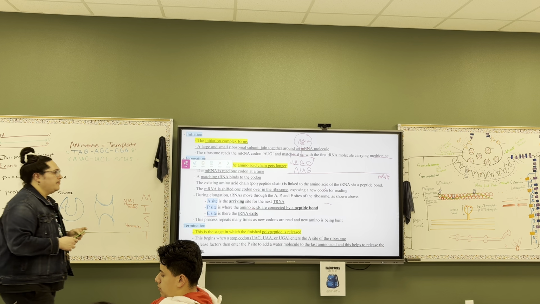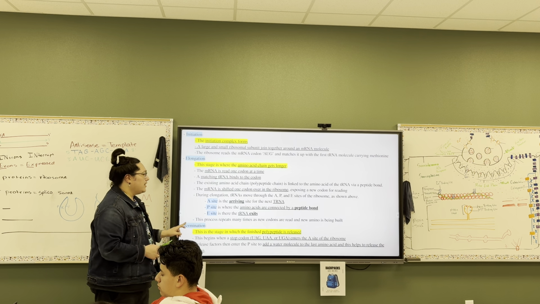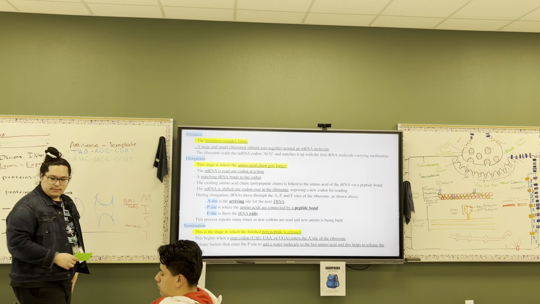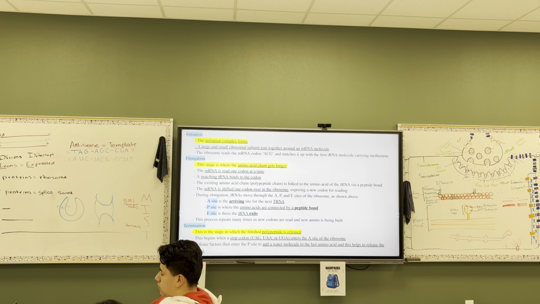Okay? So let's go ahead and actually look at the steps of translation. Again, what's the first step? Initiation. Second step? Elongation. Third step? Termination. In initiation, what happens? The initiation complex forms. But what does that mean?